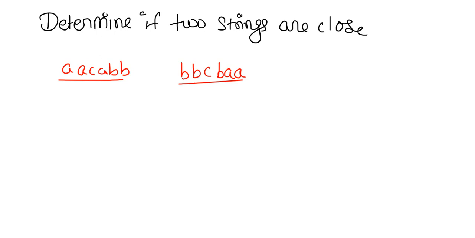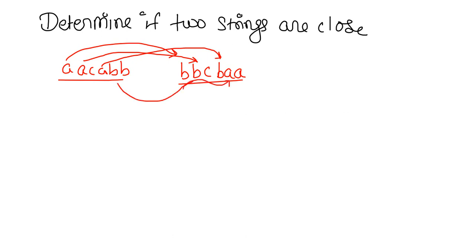If we replace all A by B and B by A, we can attain each other. So this is our basic logic for how we can say whether two strings are close or not.